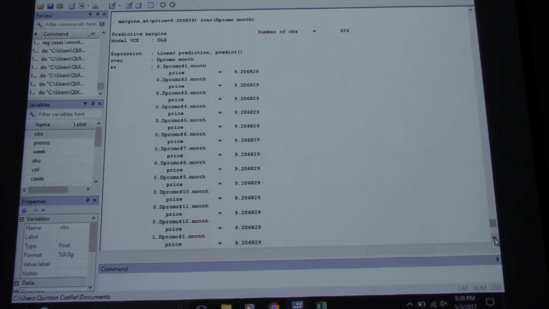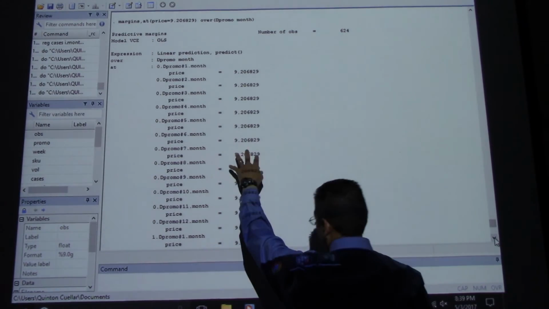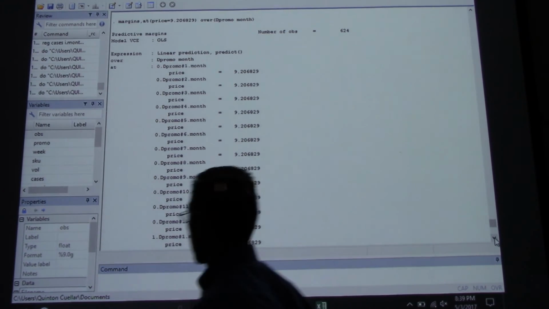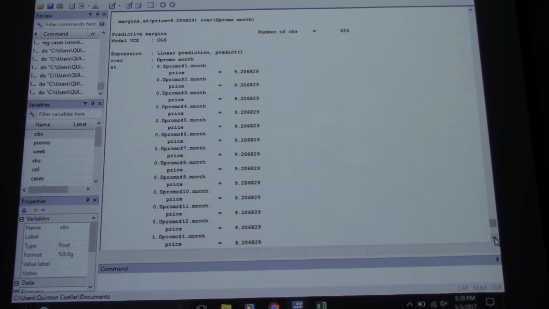I just copy and pasted from my summary statistics. And notice that it sets price equal to that all the way through, so that now we're comparing everything at the same price. So we're trying to control for price, which we literally were not controlling for in the previous case. So this is a step towards at least doing things a little bit better.